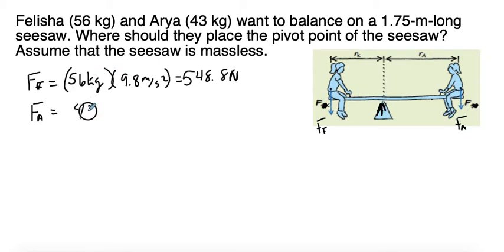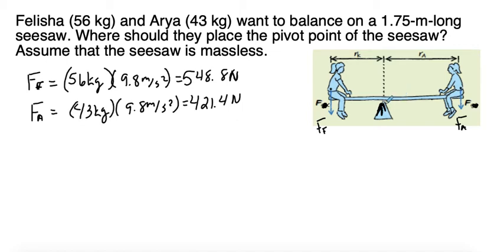So we have 43 kilograms times 9.8 meters per second squared. That's 43 times 9.8, so 421.4 newtons.